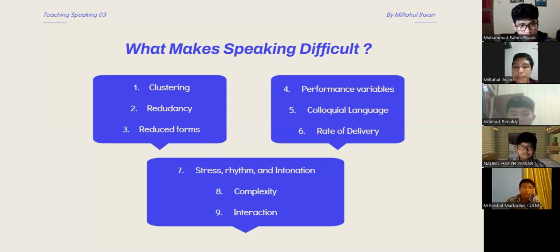The ninth, interaction. As noted in the previous section, learning to produce strings of language in a vacuum without an interlocutor would deny spoken language its rich component, the creativity of conversational negotiation.